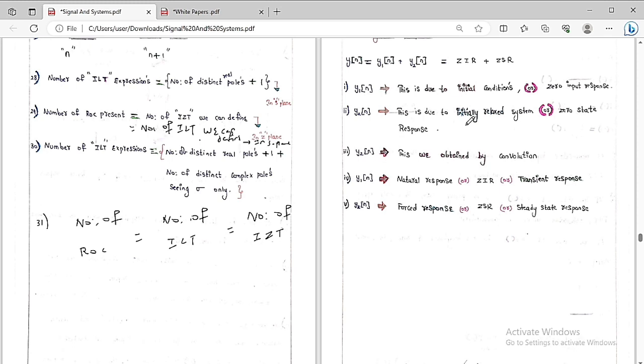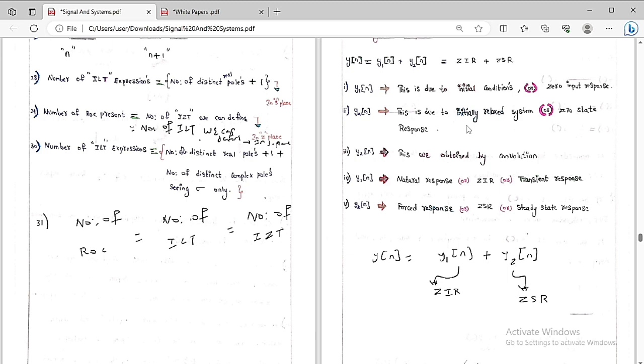So finally, let me give the clarity. y of n is y1 of n plus y2 of n. The y1 part is called the zero input response, because here the input is assumed to be zero. Because of non-zero state variables, we are going to get the output. Whereas y2 is called the zero state response, meaning the input is not equal to zero, but the state variables are zero, so because of this we get the output.